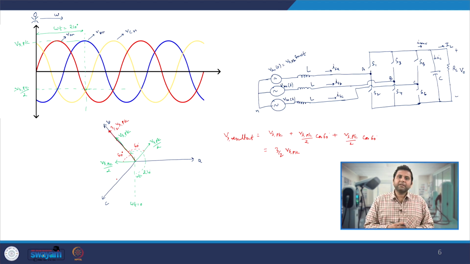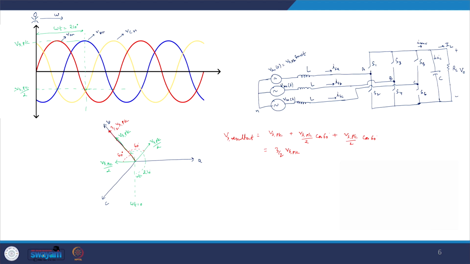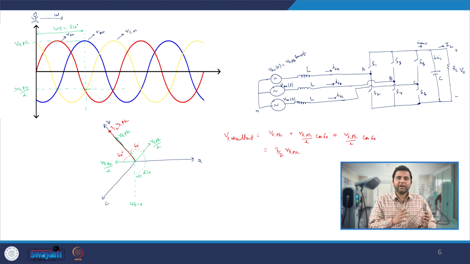Again, how can you get displacement by 120 degrees? We can derive the inspiration from a machine having 3-phase windings which are 120-degree displaced from each other, and then you apply the voltage to it. The MMF which will be generated will be the combination of the 3 phases, which are spatially displaced by 120 degrees.